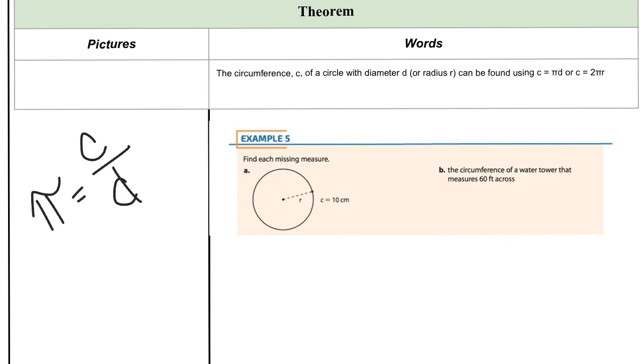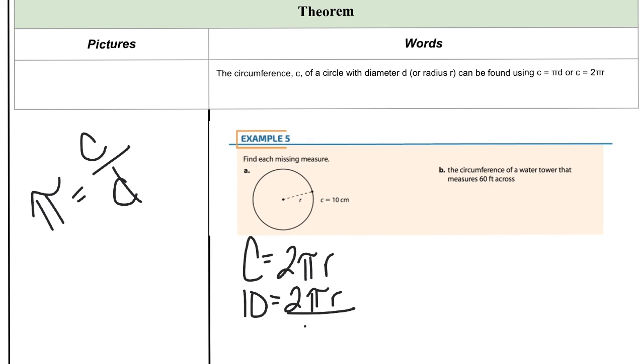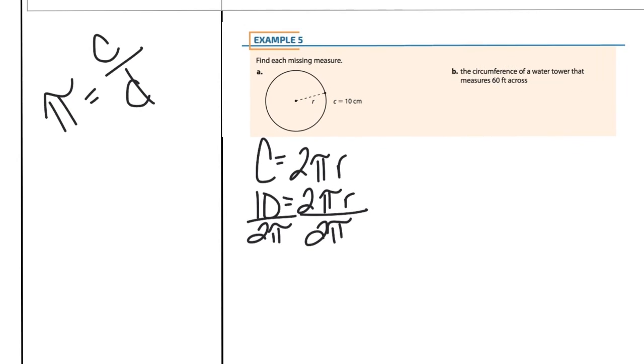The circumference is 10 centimeters. It wants us to find the radius. So we're going to use circumference equals 2 pi r. The circumference is 10, so 10 equals 2 pi r. Use some algebra, divide both sides by 2 pi, and we get 5 over pi is equal to r.